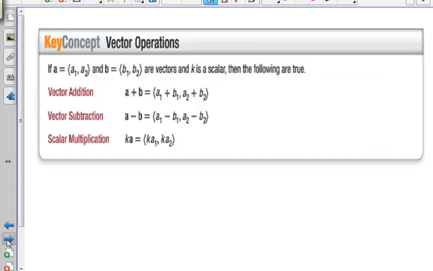All right, one more section we're going to cover today. When you are given the components, okay, so it's already been broken down into components, then you can add, subtract, and multiply by a scalar. So if you knew you had a quantity that was going 3 to the right and up 5, and you were going to do that 3 times, okay, you could say it's going to go 12 to the right and up 15.